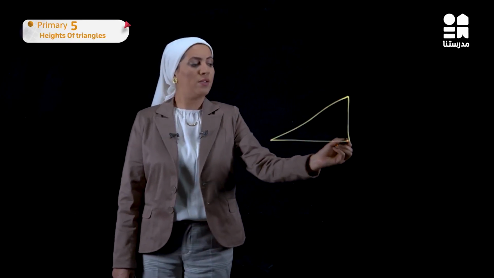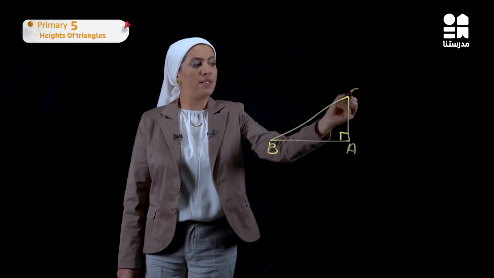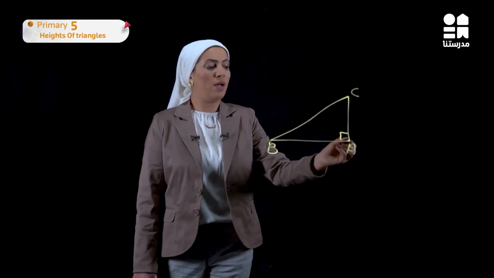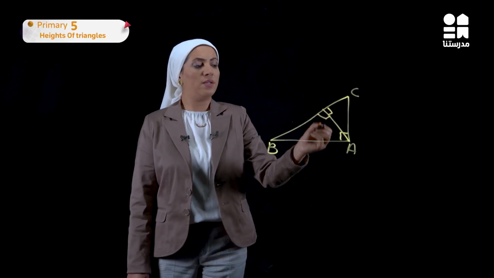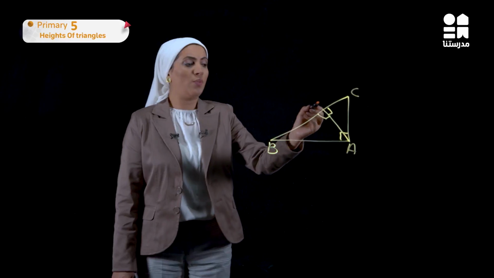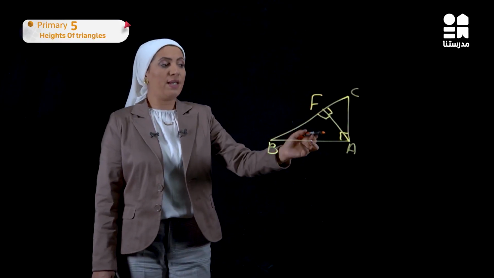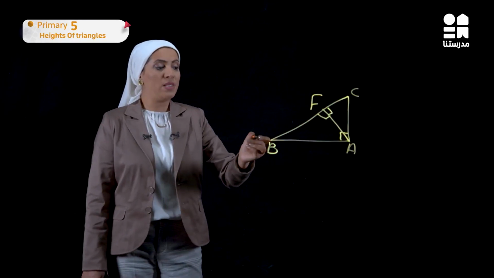Now I will drop an altitude in a right angle triangle. So for example, if my triangle is like that, A, B, and C, and I want to drop an altitude from the vertex A, I will drop it like that at 90 degrees at point F. So AF is the altitude that I have from the vertex A on the opposite base BC.